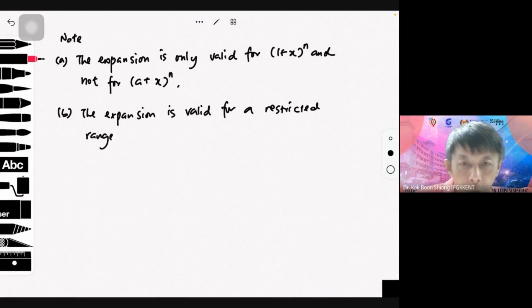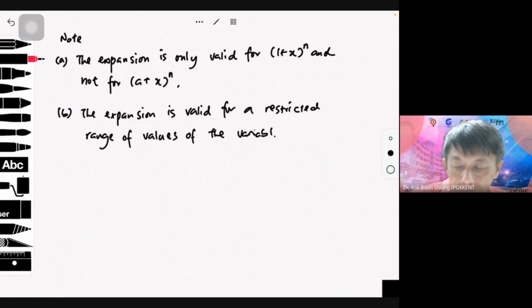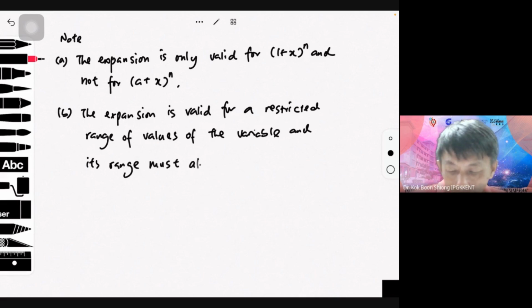So we need to define a range, or we need to tell what is the range for the value of the variable to be valid, and the range must always be stated.